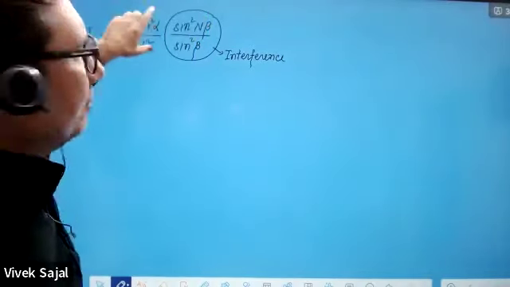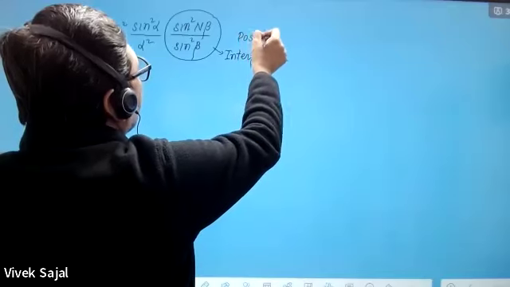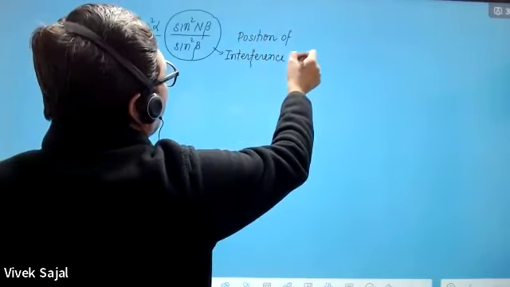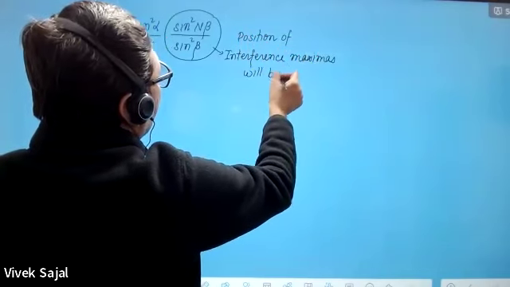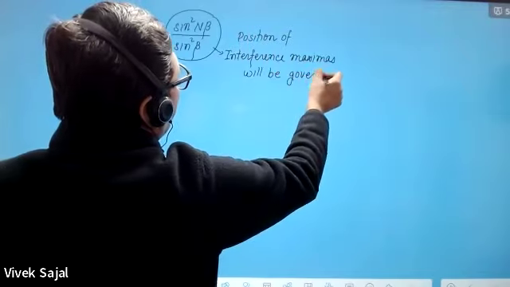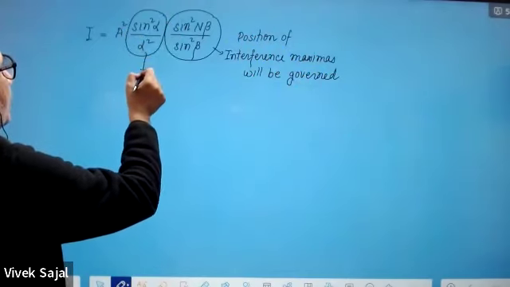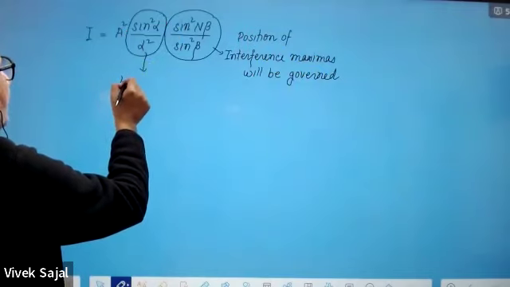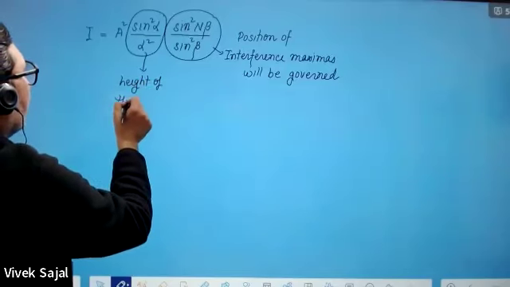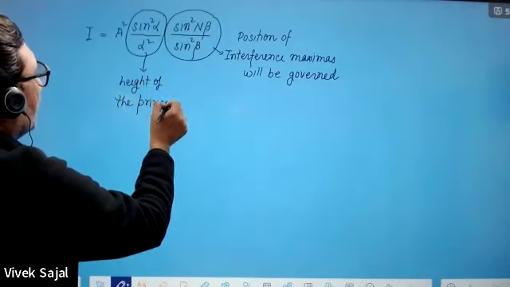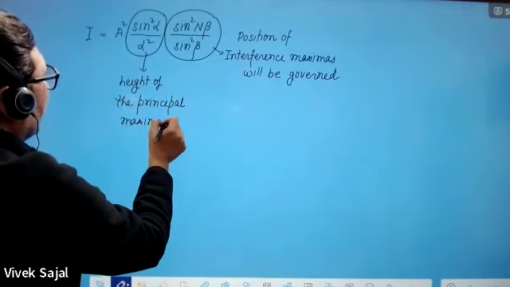And this term is the diffraction term, and it will decide the height of the principal maximas.